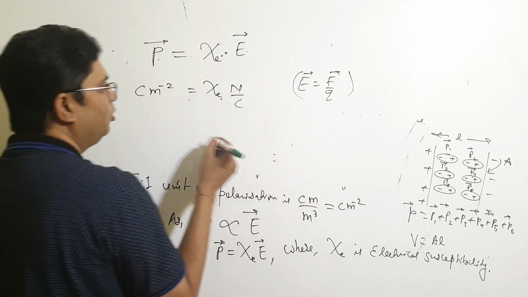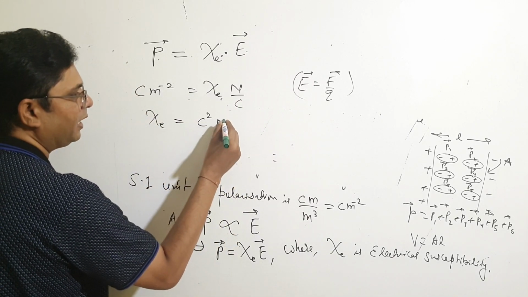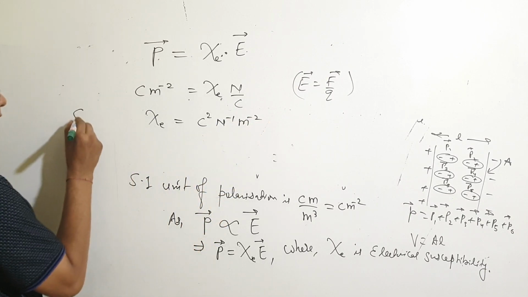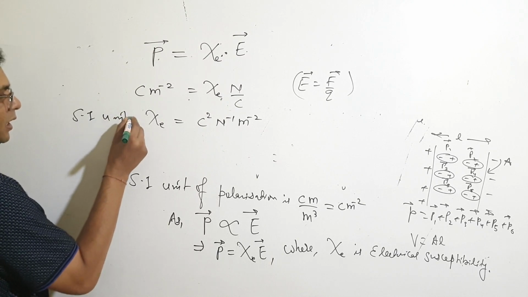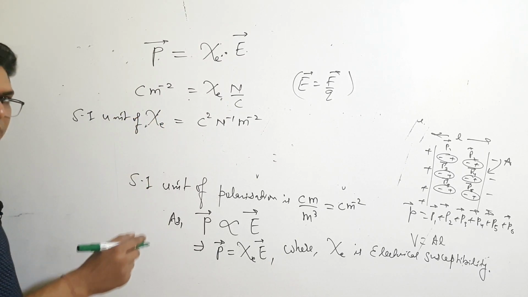So you have electrical susceptibility as coulomb square per Newton per meter square. This is the SI unit of electrical susceptibility.